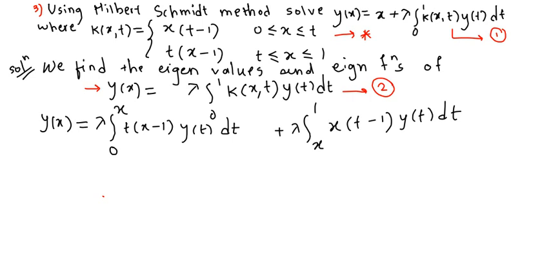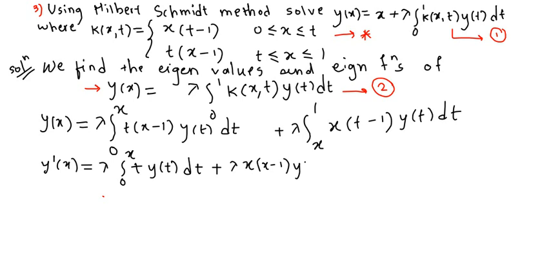Differentiating with respect to x, we get y'(x) equal to lambda times the integral from 0 to x of t y(t) dt, plus lambda times x(x-1) y(x), minus 0.